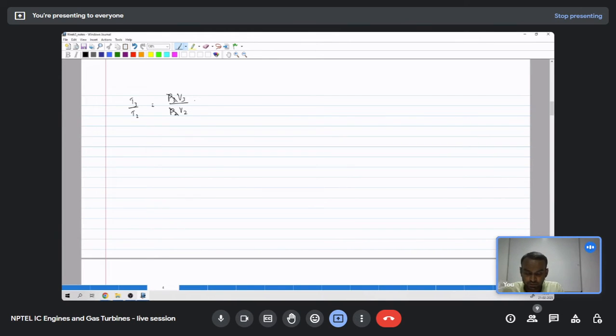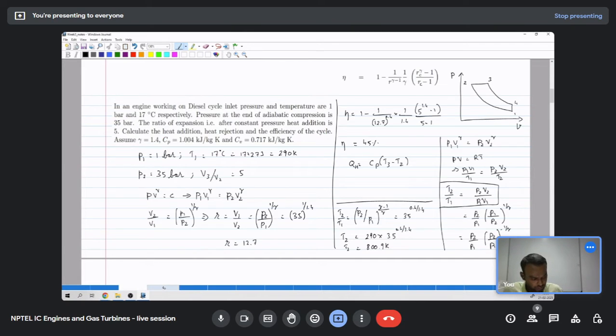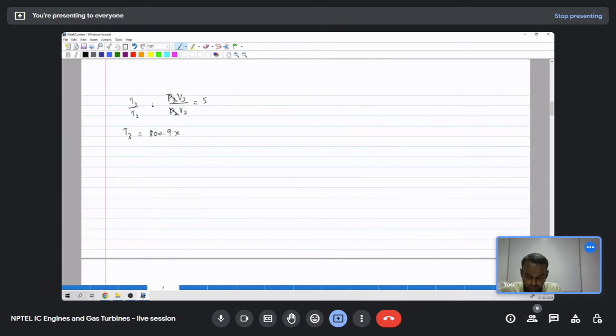Now we will be left with only V3 by V2, which is said to be 5. So now we have T3 is equal to 800.9 into 5. So that has become 4004.5 Kelvin.